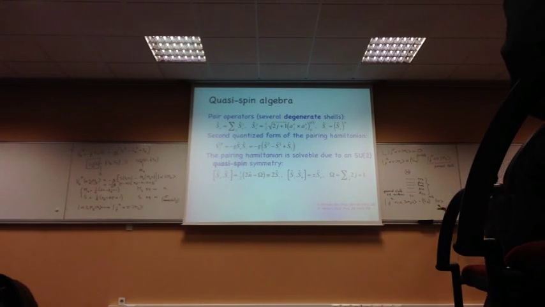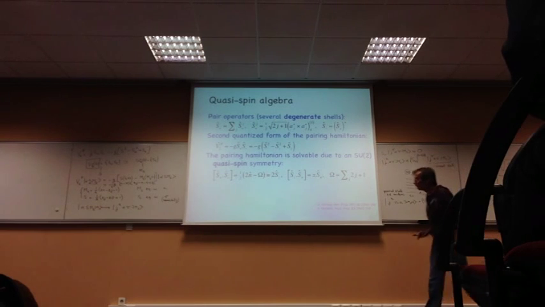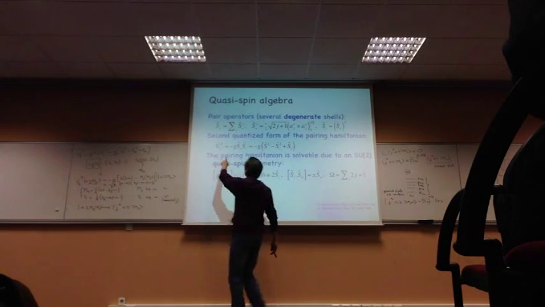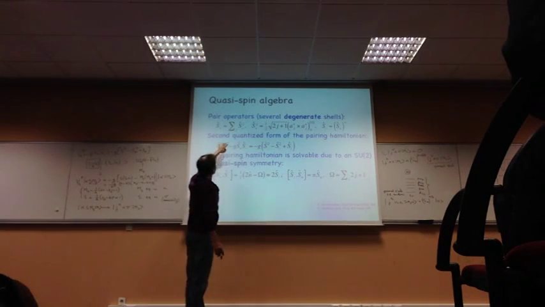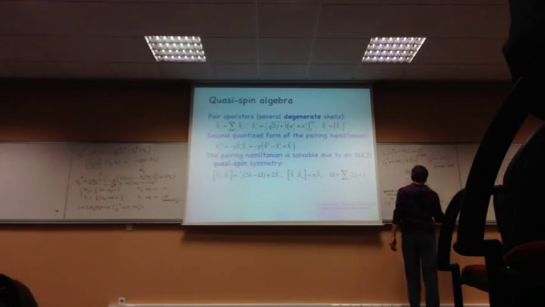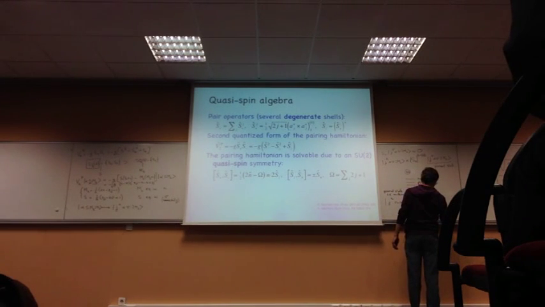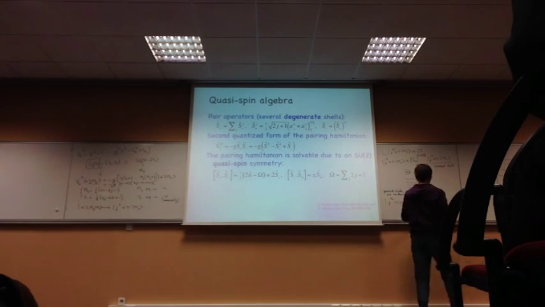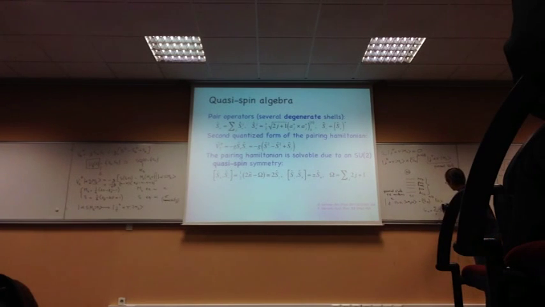And this is actually the exact ground state of a pairing interaction. It still works in this quasi-spin approximation of degenerate orbits. Then this S plus will be just the sum over J of pairs of particles coupled to 0 and sitting in the different orbits J.